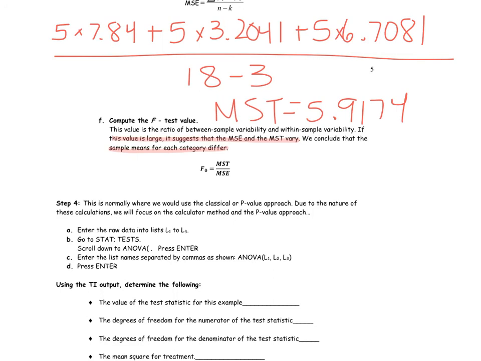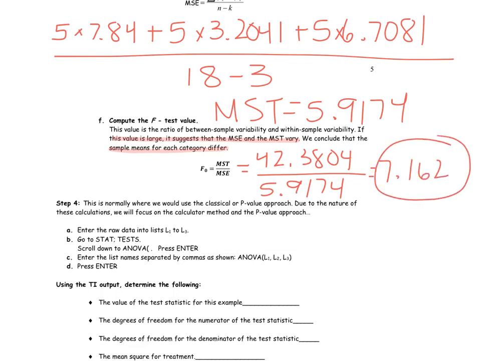In our case, we had 42.3804, and the MSE was 5.9174, and so we're looking at 7.162. Okay, so it looks like it varies, right?